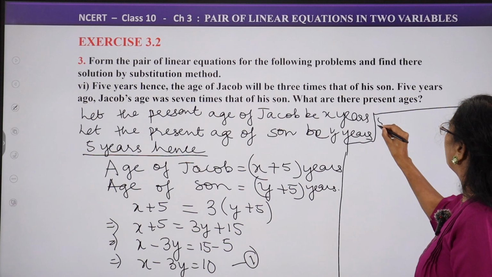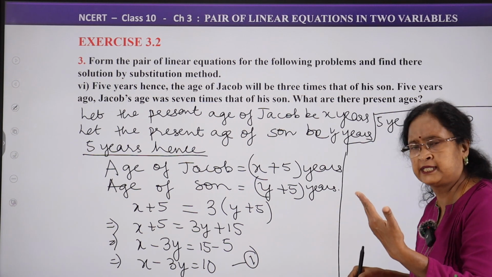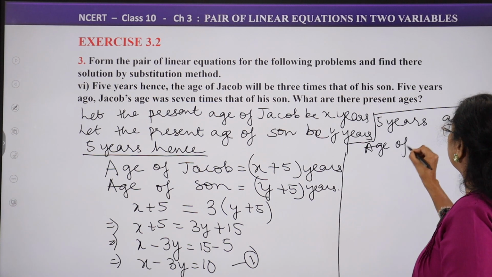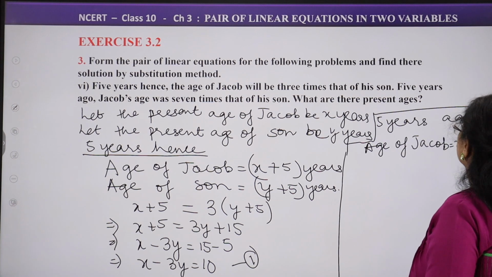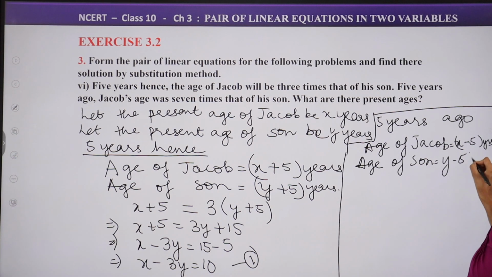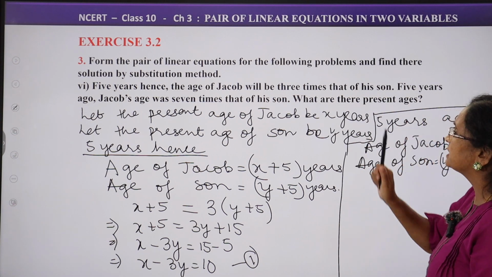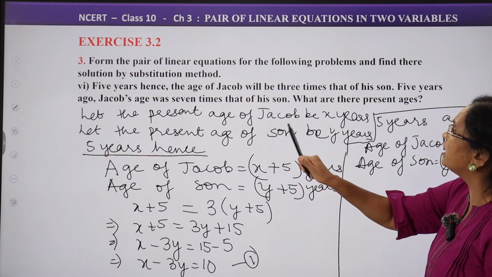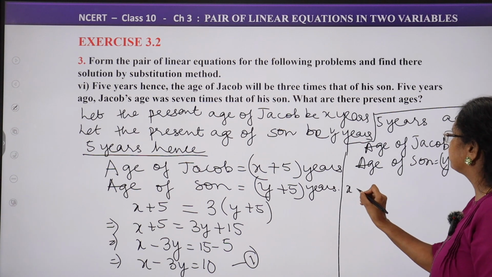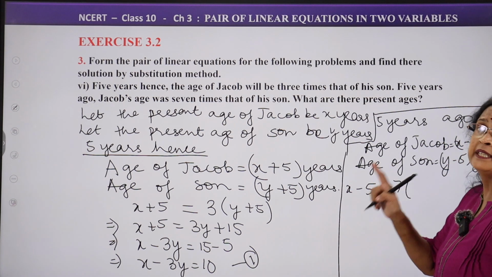5 years ago, let us write that. 5 years ago, before, so minus. Age of Jacob, x minus 5 years, age of son, y minus 5 years. All right. According to the question, what will be the equation? 5 years ago, age is done. Jacob's age was, Jacob x minus 5 was 7 times, bracket, that of whom?